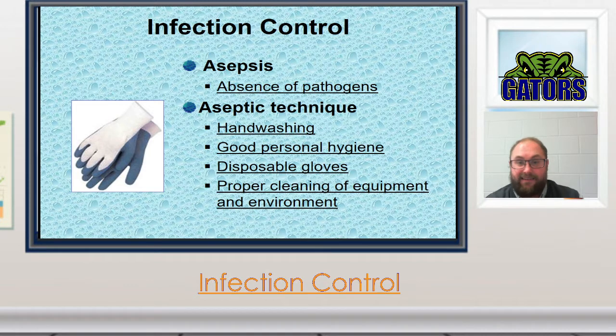And so the aseptic technique, a policy and procedure that we follow in order to have an absence of pathogens, includes washing your hands, having good personal hygiene, using disposable gloves when needed, and properly cleaning equipment and the environment. So this aseptic technique is important in making sure that we try to knock back some of the spread of all the pathogens and microorganisms out there that mean to do humans harm.